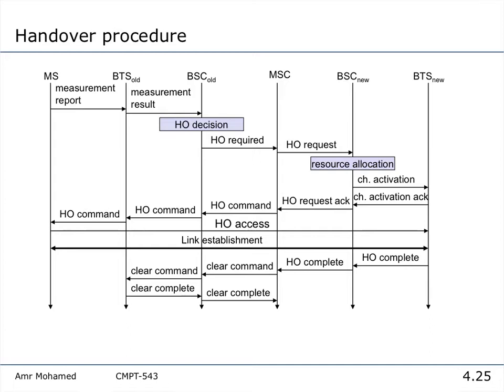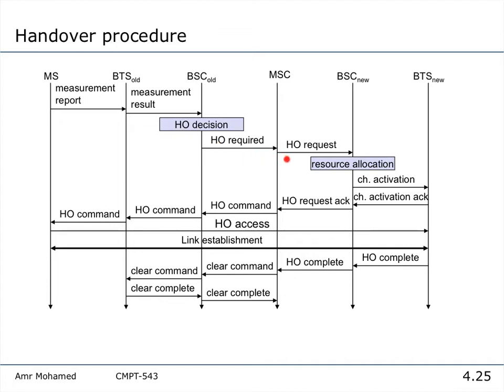As we said before, the base station controller controls multiple BTSs, one or more BTSs. So based on that, this BSC figures out that the channel for this mobile station is decaying. So the BSC, in that case, requests a handover.